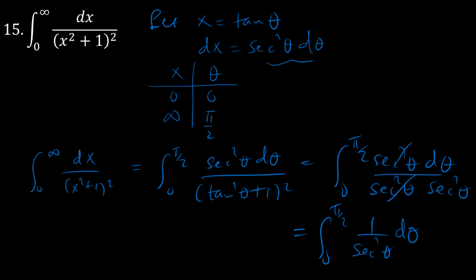So we have our integral of cosine to the power 4 theta, which is the same as the integral from theta equals 0 to theta equals pi over 2 of cosine square theta.